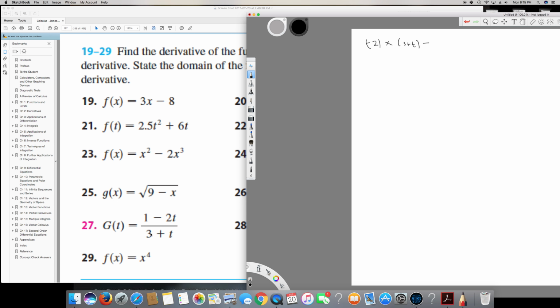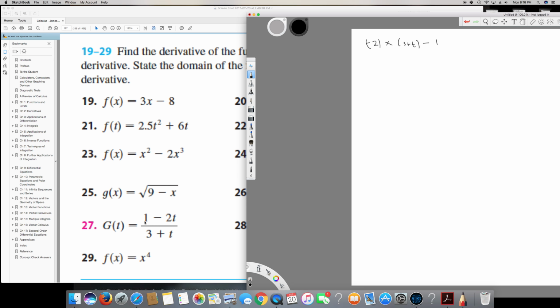You may ask why we don't consider the number 3. Because it's 3 times t to the power 0, and when we take the derivative we multiply the power 0 by 3, so it disappears. So it's just going to be 1.